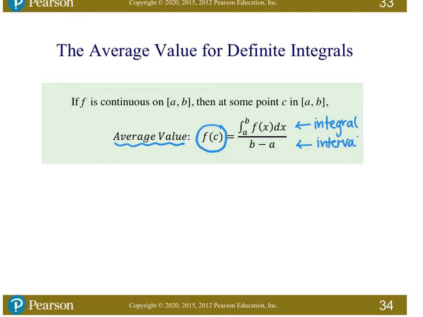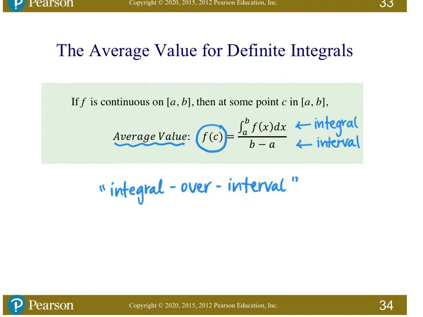The interval, along the x-axis. So a lot of times we use those two words, integral and interval, to help us remember this formula. The average value is the integral over the interval.